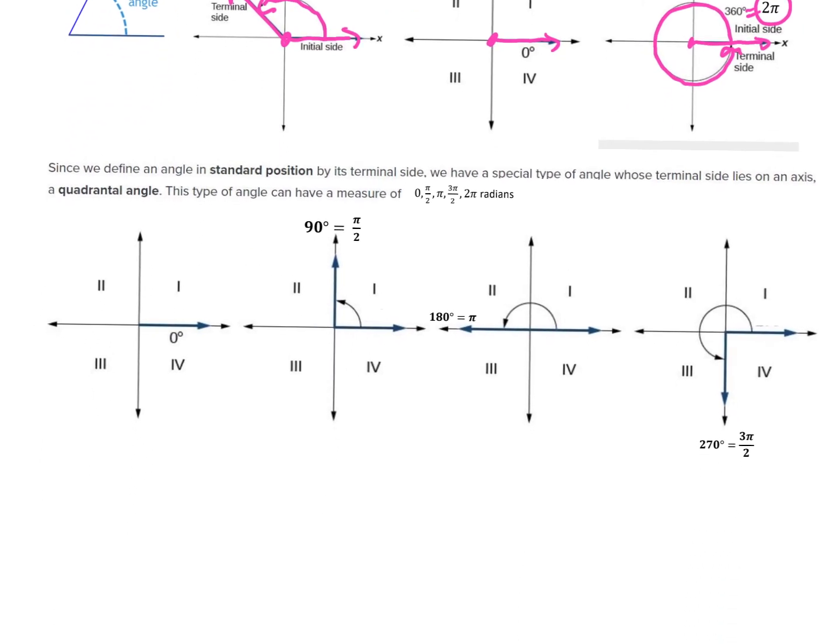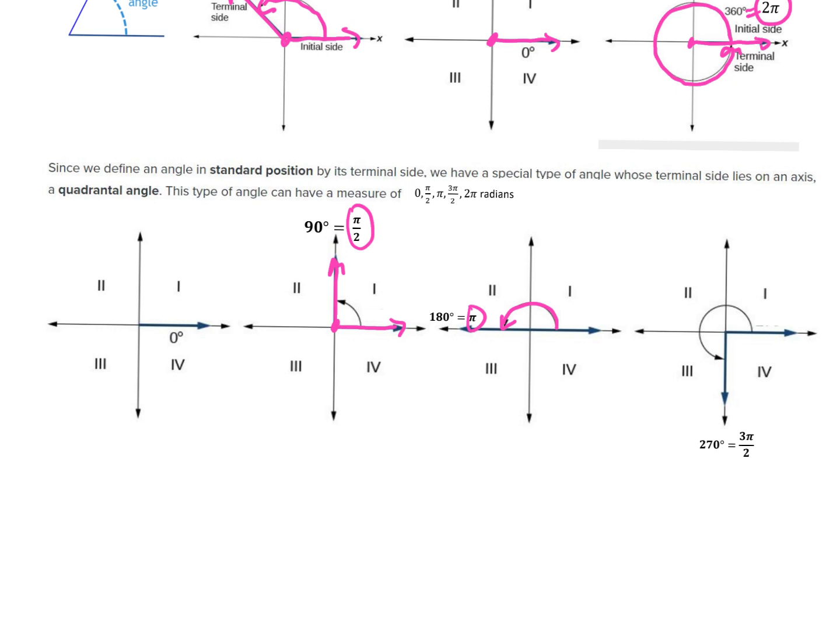We still have standard position angles. And that means that the initial side starts on the x-axis. And 90 degrees is still right here, but it is pi over 2 for the radian measurement. We still have 180 degrees going like this. And so the measurement in radians is pi.